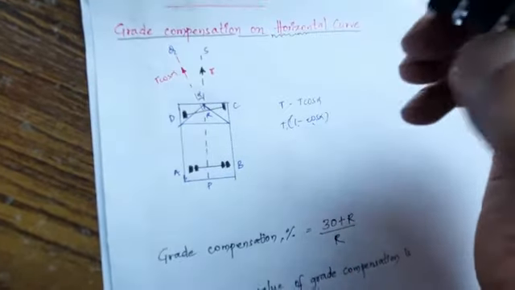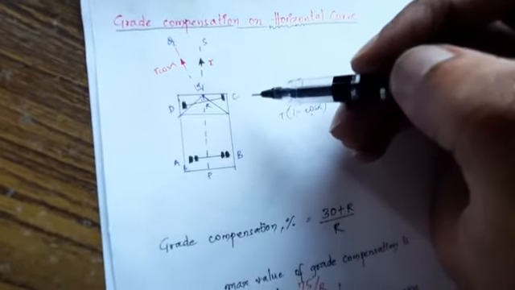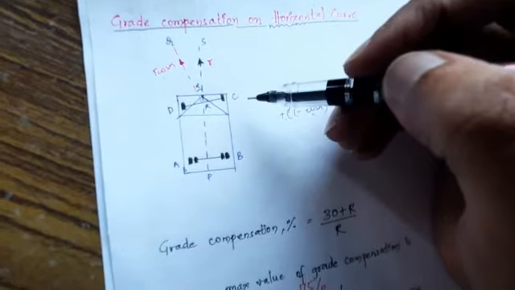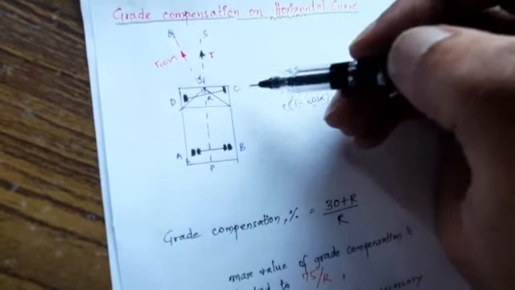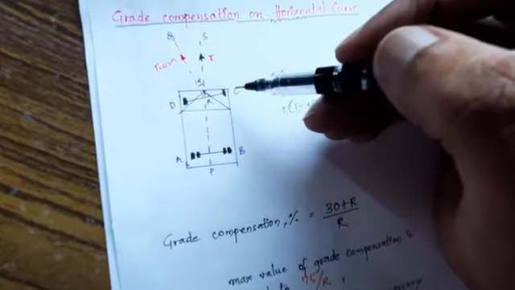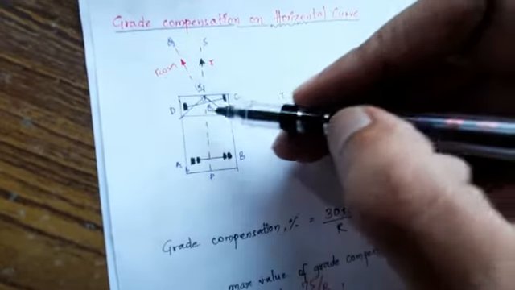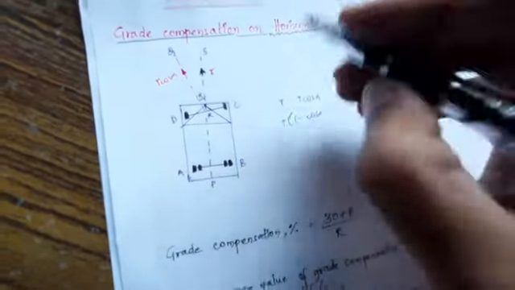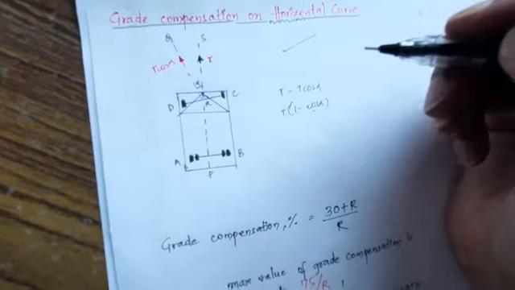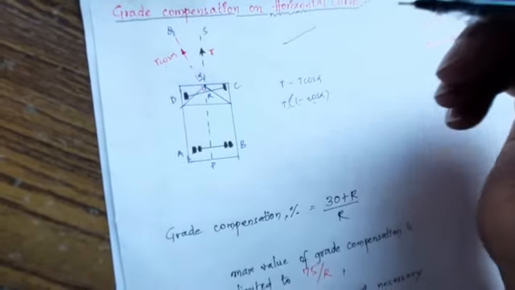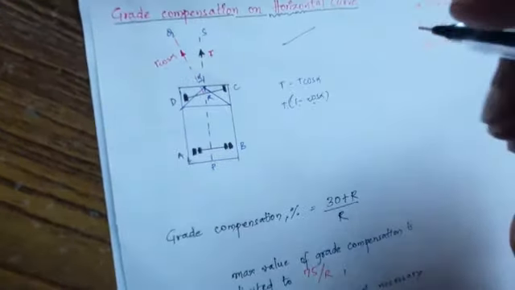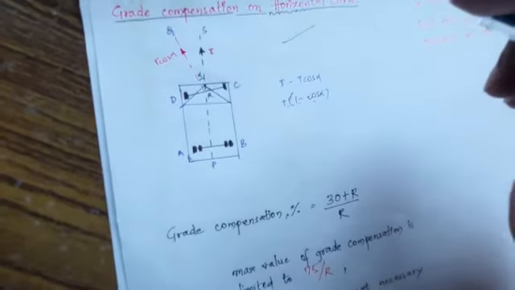Okay. So when there is a horizontal curve, in addition to the gradient, there will be increased resistance to the traction due to both the horizontal curve resistance and the gradient. In other words, the total resistance is the grade resistance plus the curve resistance.